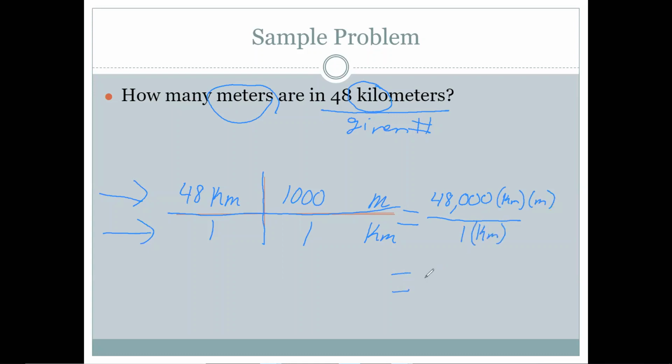And then we reduce. You'll notice that this and this cancel out. Those go away. Remember what I said about canceling out units? And you are left with 48,000 meters. Because anything divided by 1 is itself. Okay? So that is how you are going to do that problem.